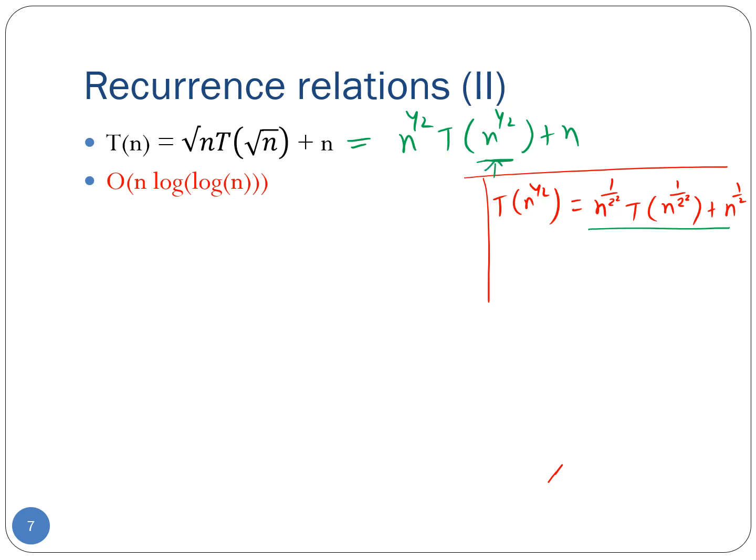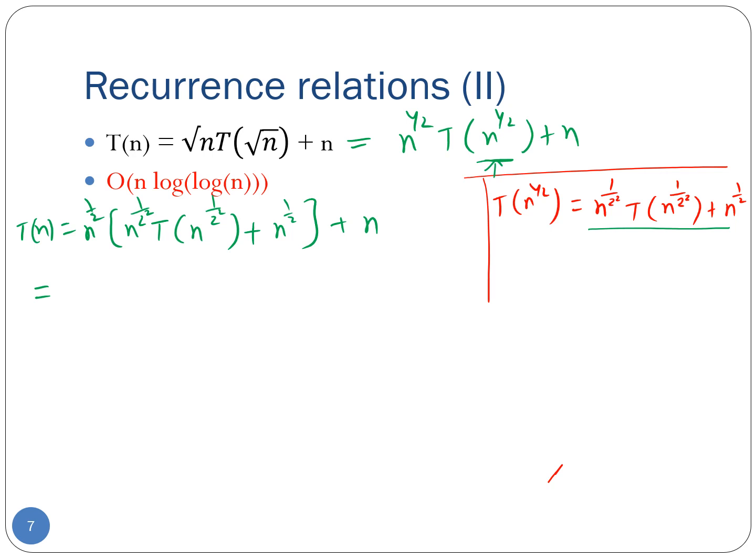So we get T of n is equal to n to the power half outside the bracket, and inside we have n to the power 1 by 2 square T of n to the power 1 by 2 square plus n to the power half, and then outside the bracket we have plus n.